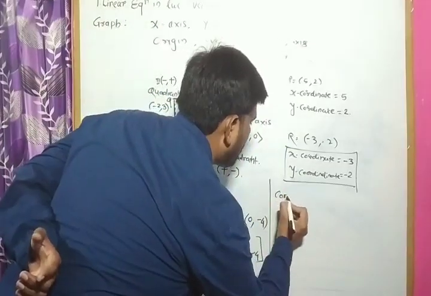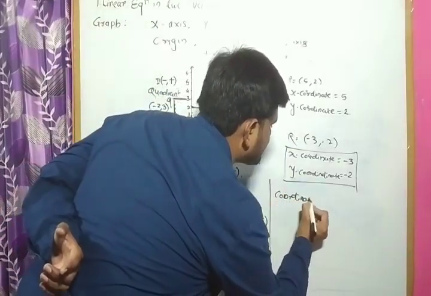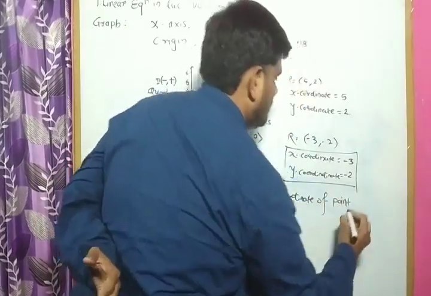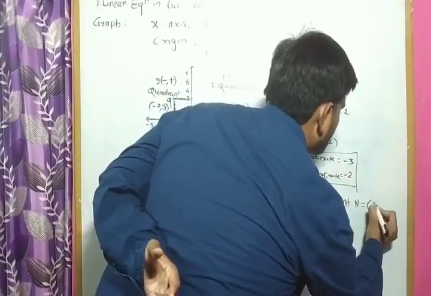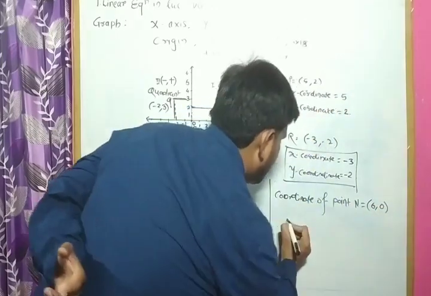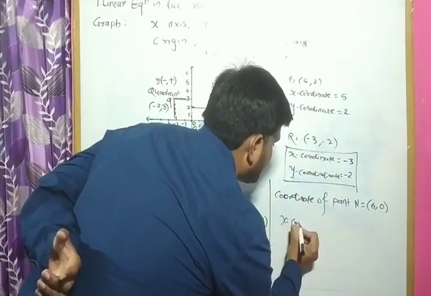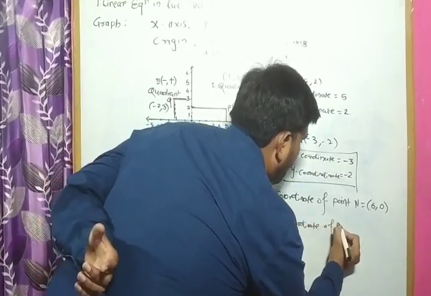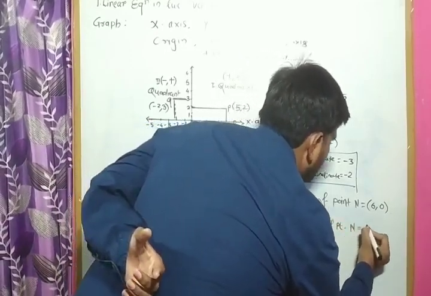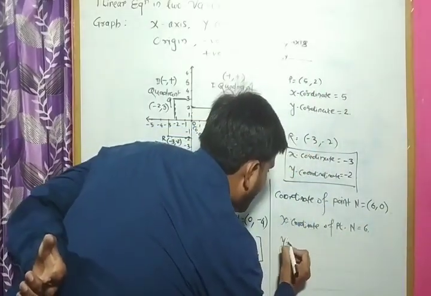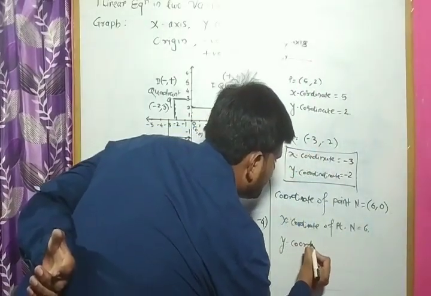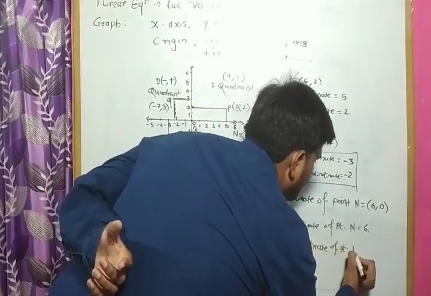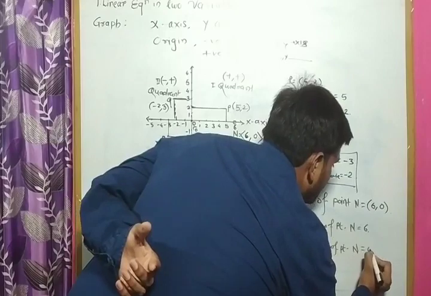Therefore, the coordinates of point N are 6, 0. That is, the x coordinate of point N is equal to 6 and the y coordinate of point N is equal to 0.